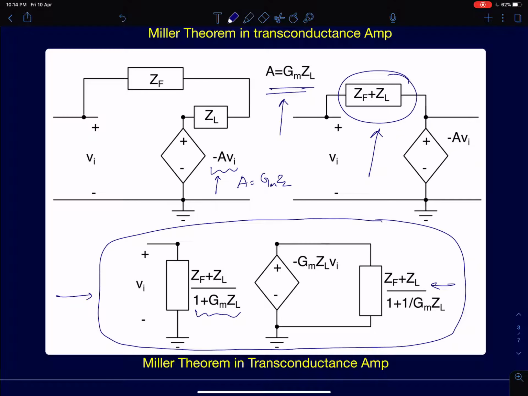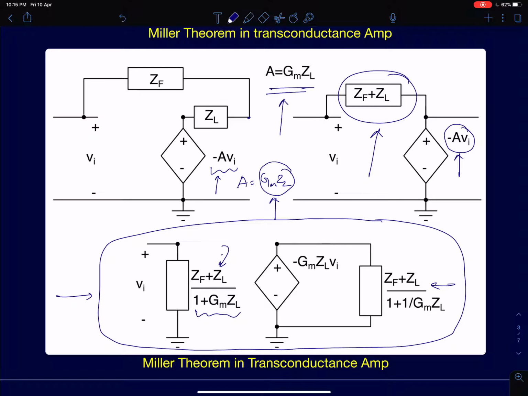The expressions look a little bit complicated, but when you think about it, it's pretty intuitive, because when you analyze circuits with transconductance amplifiers, the output voltage is a strong function of what you connect at the load. As we saw, the gain, when you converted it to a Thevenin equivalent, is a strong function of what you connected at the load, because it's a controlled current source at the output.